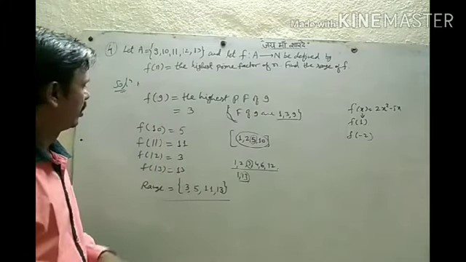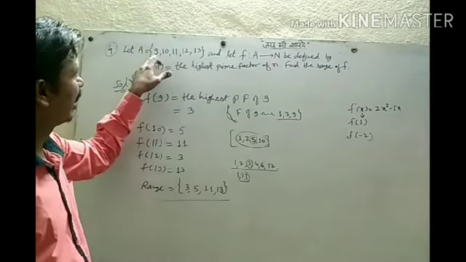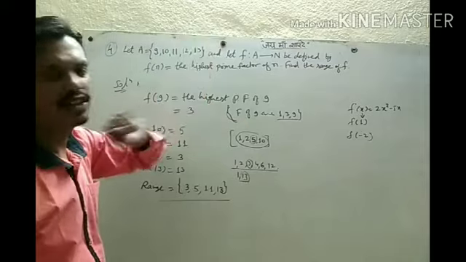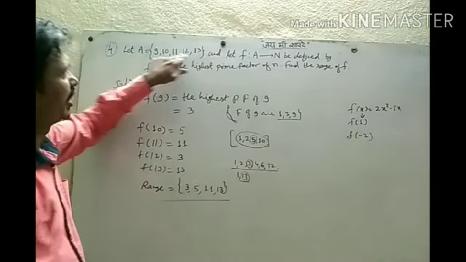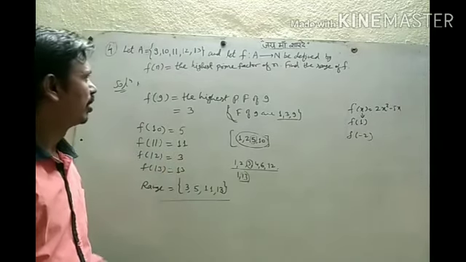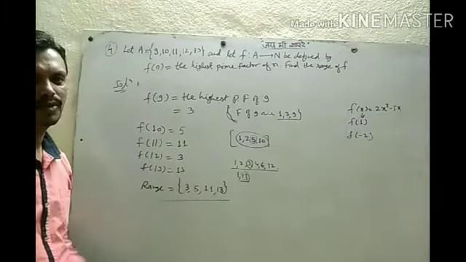We are defining a relation from A to N. So elements of A are these. This 9 is related with which element? That will be one element of the range. So the image of 9 is 3, then the image of 10, and you can find the images of all the elements, and that will form a set, which will be your range. So our range for this function is 3, 5, 11, 13. Okay.